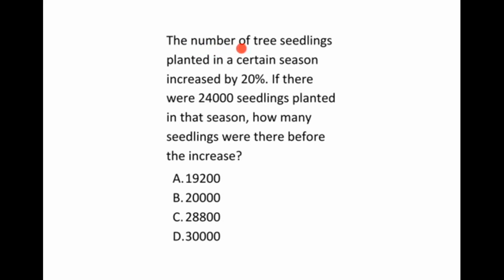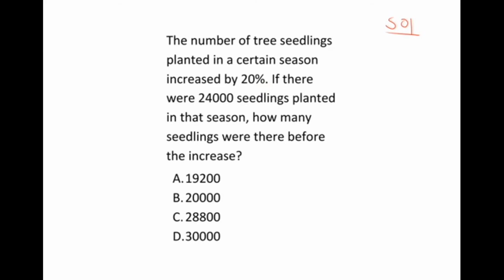The number of tree seedlings planted in a certain season increased by 20%. If there were 24,000 seedlings planted in that season, how many seedlings were there before the increase? Solution. In this question, we are told that the number of tree seedlings planted in a certain season increased by 20%.